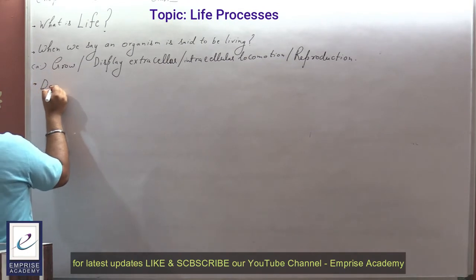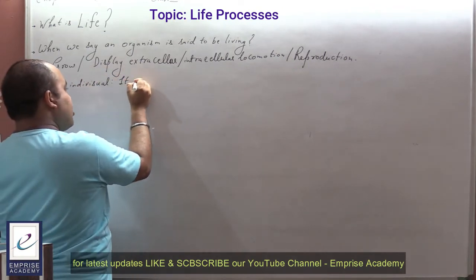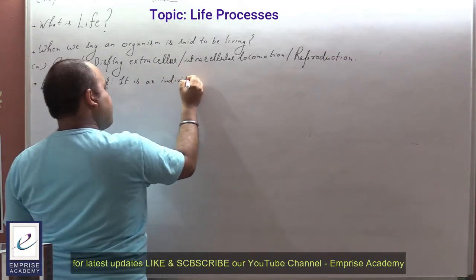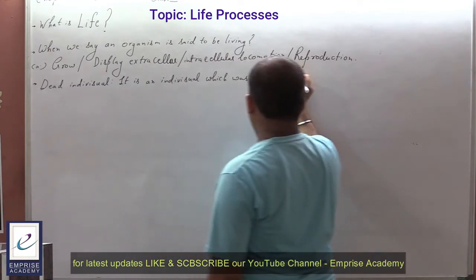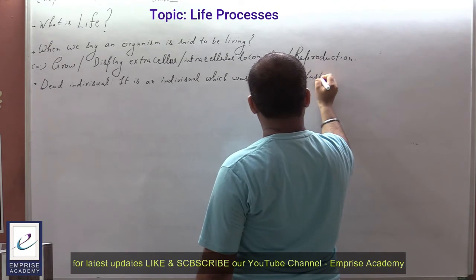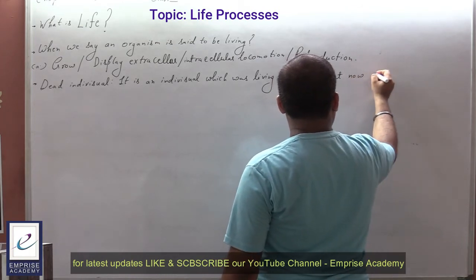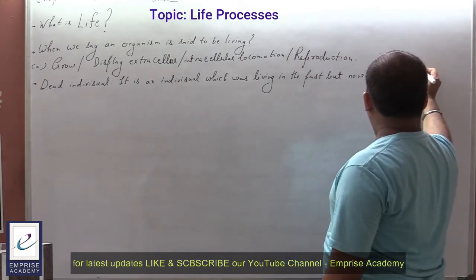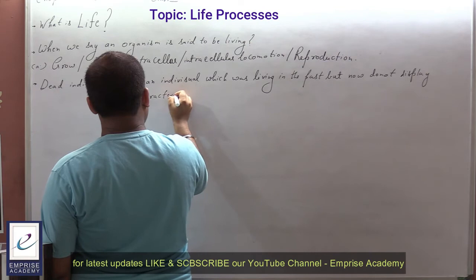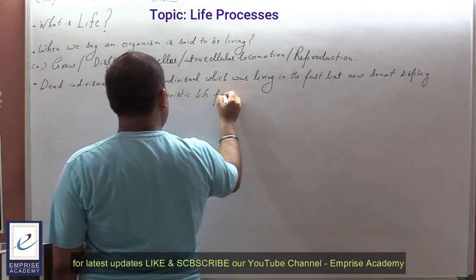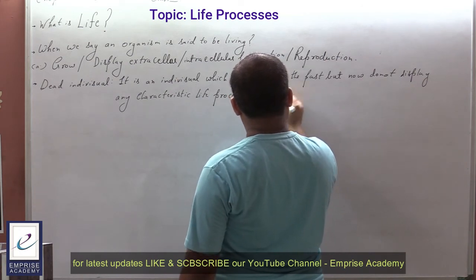Or let me define a dead individual. A dead individual is an individual which was living in the past but now does not display any characteristic life processes of a living organism.